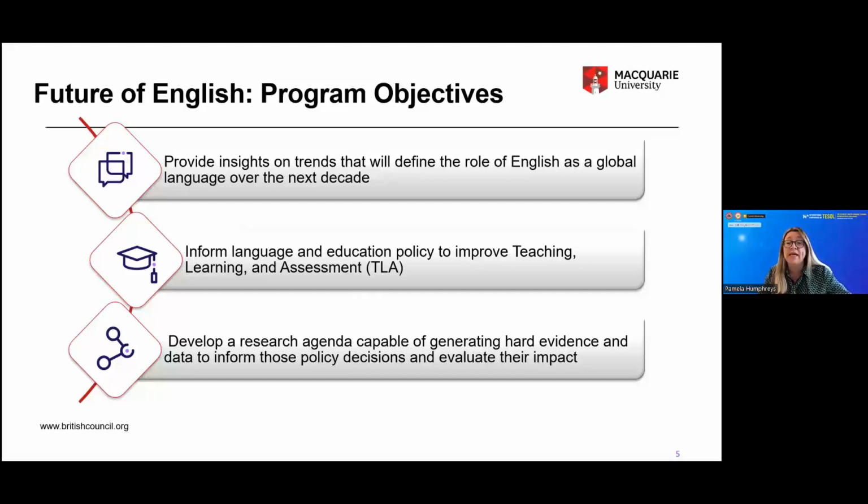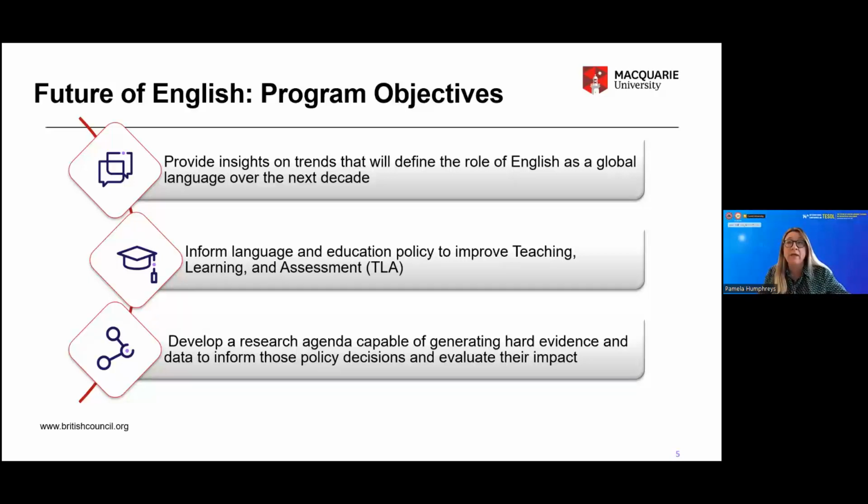On the slides there, you can see the three main project aims. The first is to provide insights on the trends that will define the role of English as a global language over the next decade, which I think as English language teachers is really critical for us to be aware of. Secondly, to inform language policy and education reform interventions that will improve teaching, learning, and assessment.